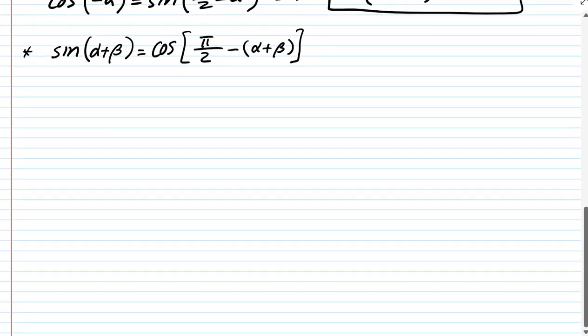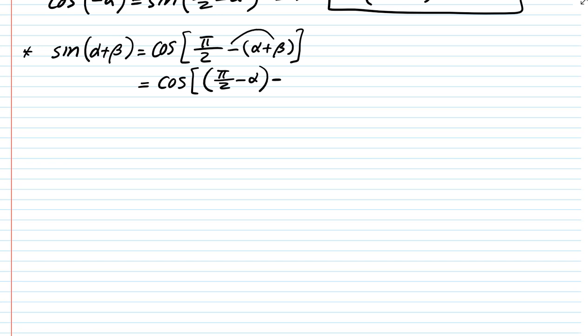Now let's work with this one. So we can write this as cosine of, I'm going to change my grouping, bring alpha with pi over 2. Distribute the sign and you get negative beta here, right? And then now I have two angles.